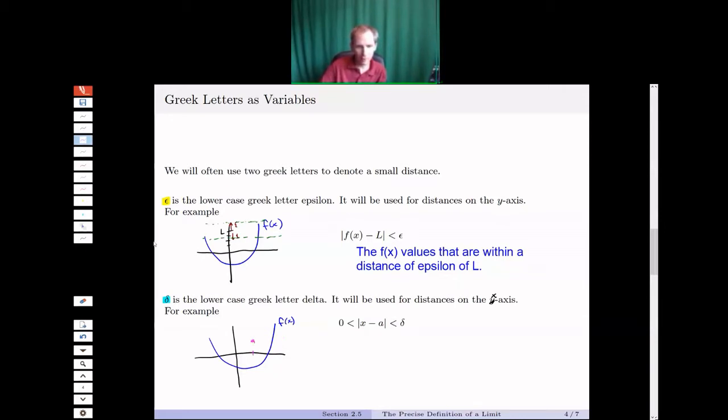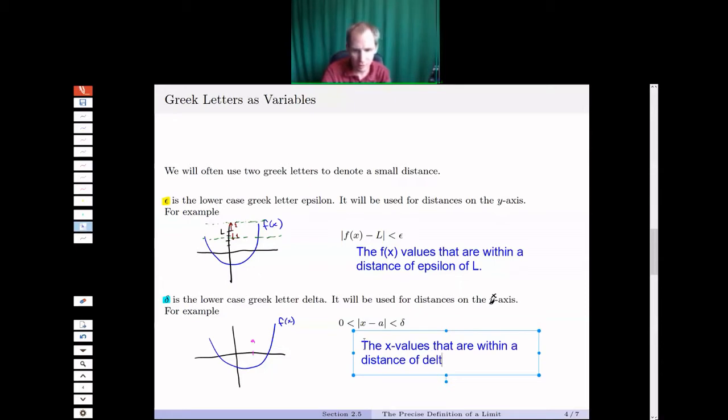Then 0 less than absolute value of x minus a less than delta means we want to look at the x values that are within a distance of delta from a, excluding a itself.